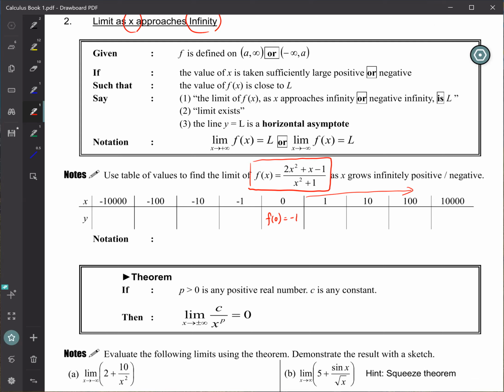And then the left side will be -10,000. Going to the left is negative infinity. Going to the right side is positive infinity. Please plug in every single point into x, and then we'll check the values. Once you have the table, please raise your hand.